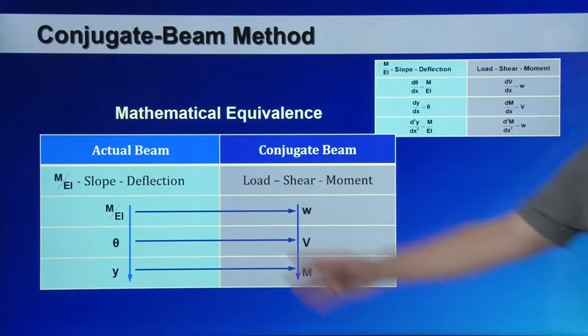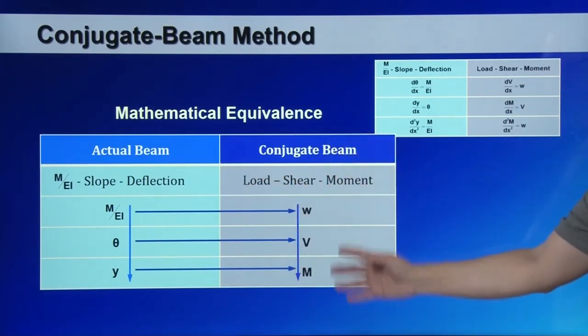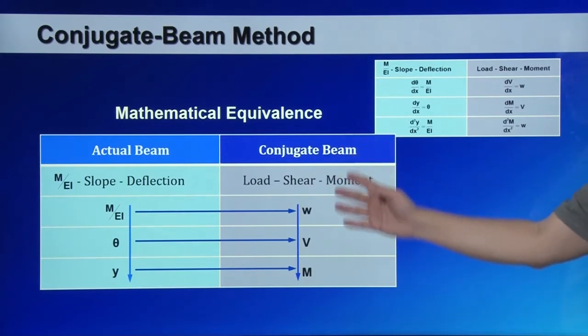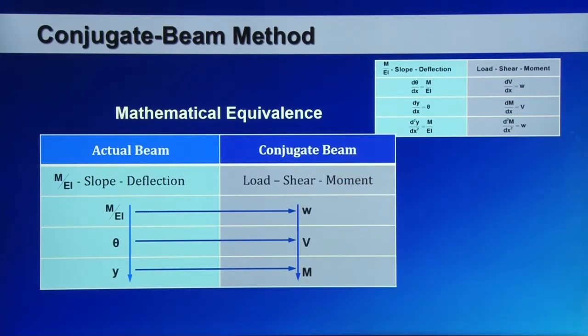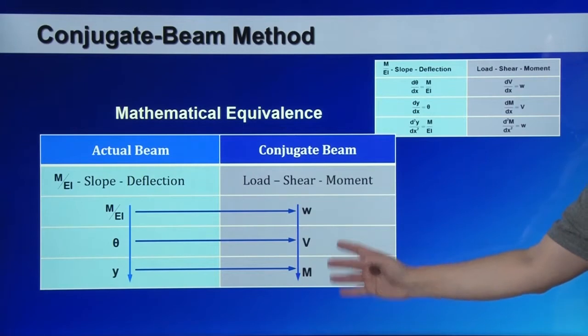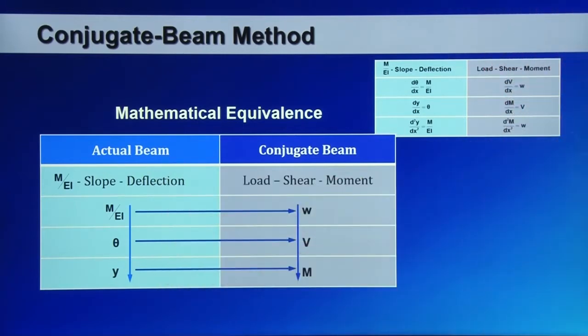The reason for doing that is we are very experienced in calculating shear force and bending moment from loading. This is basically just equilibrium calculations. So we are far more familiar with this set of calculations than the calculations on the left.